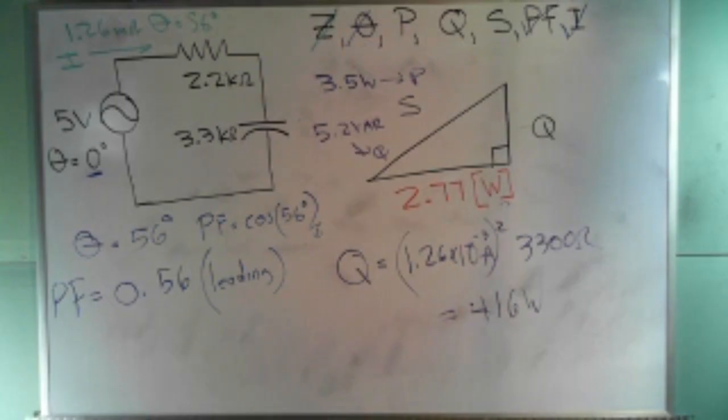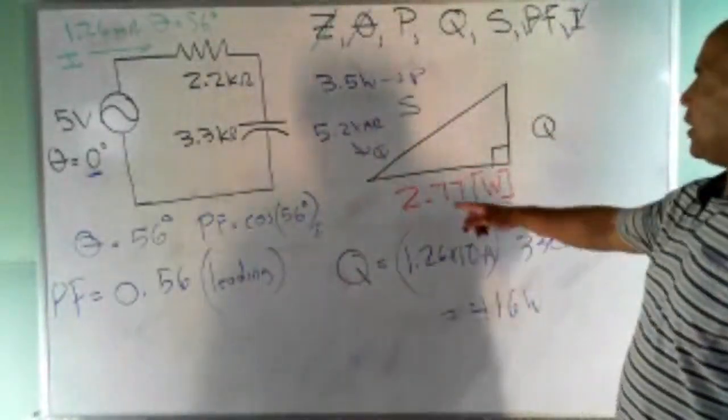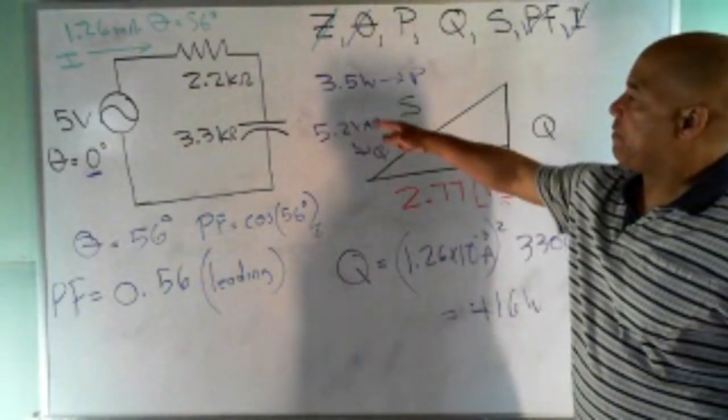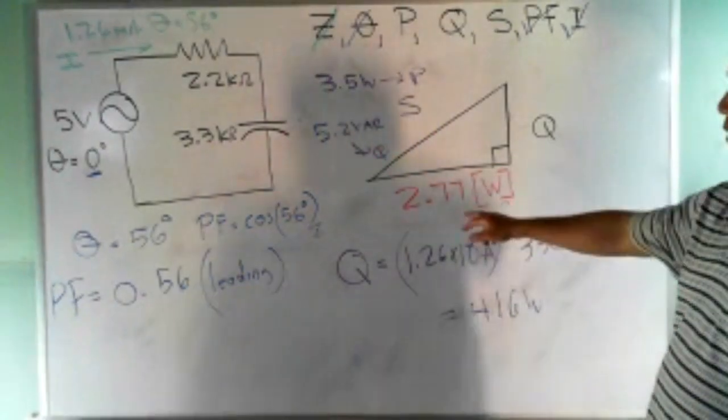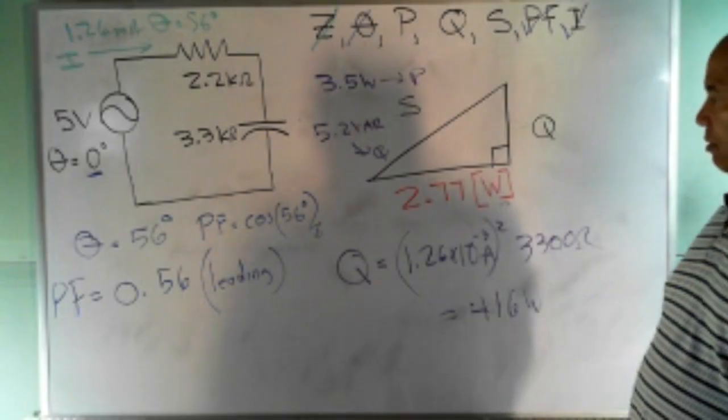I guess the nice thing about calling in is I can't see who you are, so I can't call on you. But either Jacob or Tresser, did you? Anybody agree with one of these? Is it the 3.5 and 5.2, or is it the 2.77 and the 4.16?